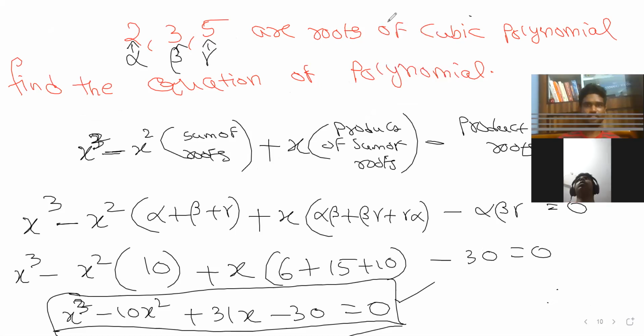Now here is one thing that you need to know. They will give that something is the roots of this, and we have to find, like in this question, evaluate alpha square plus beta square. See this question.